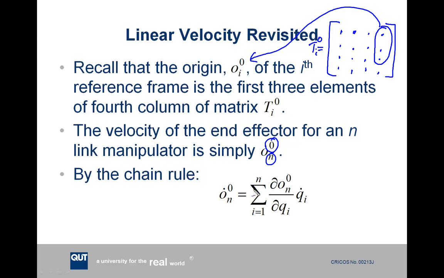By the chain rule, which is just adding up all the contributions that each joint gives to the tool point velocity, you sum over all the joints.